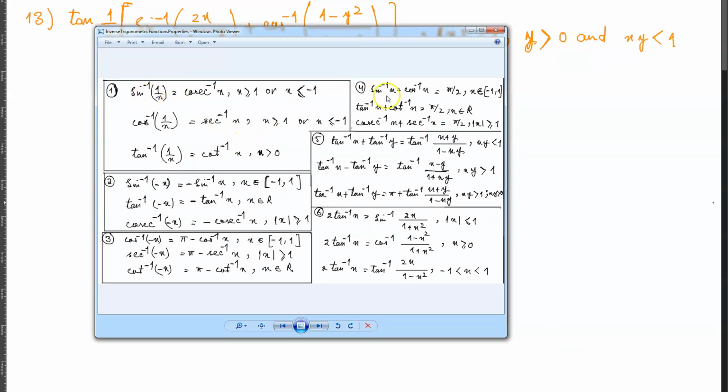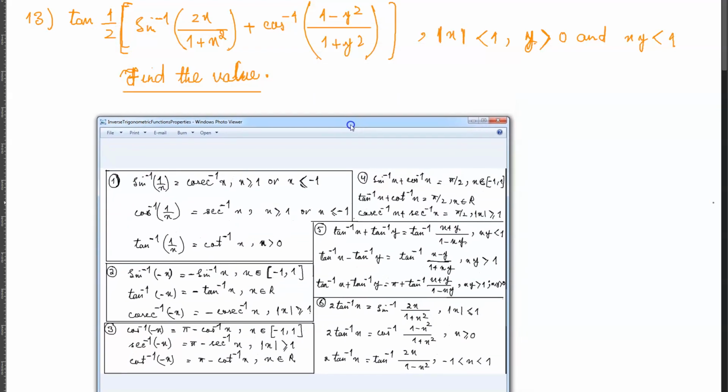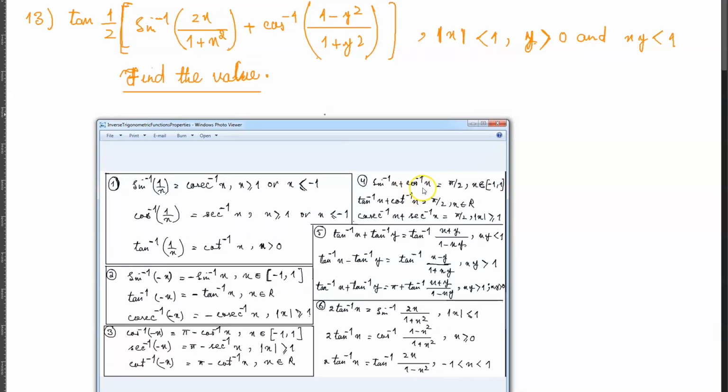Here we said that the sine inverse of x plus the cos inverse of x is equal to pi by 2, tan inverse of x plus the cot inverse of x is equal to pi by 2, and cosecant inverse of x plus secant inverse of x is equal to pi by 2, right?